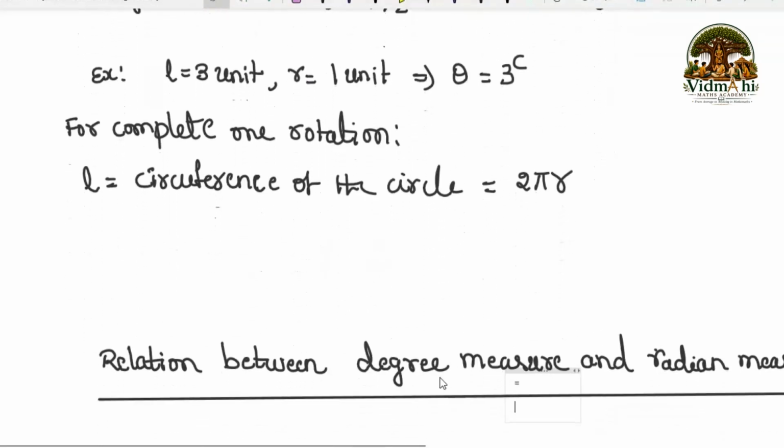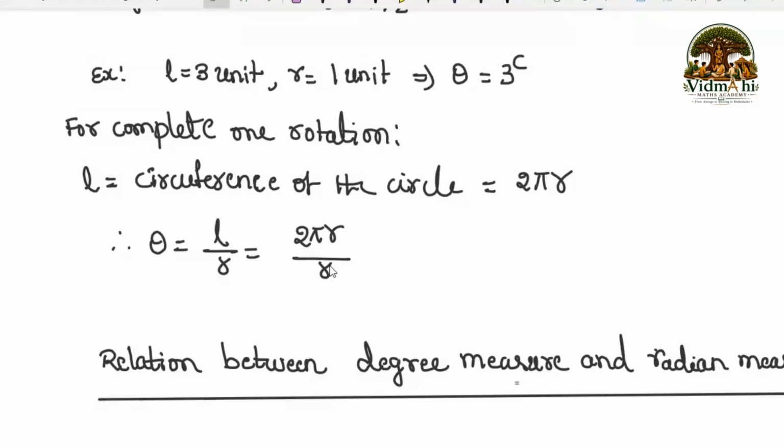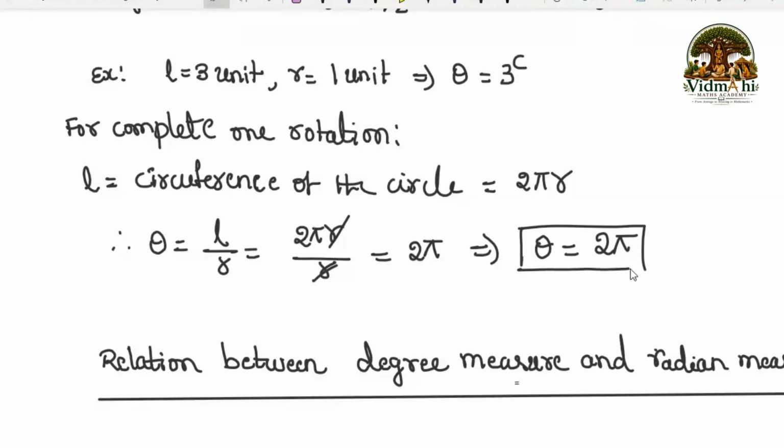Now we know the formula theta is equal to L by r. L is 2 pi r, and the radius r, the r's get cancelled, so it becomes 2 pi. So for a complete one revolution or one rotation, the angle is nothing but 2 pi.